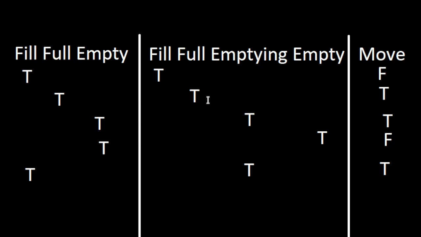When the button is full, the box is full, and the box is moving. And when the button is empty, the box is emptying, so it's moving. But if the button is empty and the box is empty, it does not move, so it's false. And finally, the last state is if it's filling, there's also the possibility that it's still emptying.